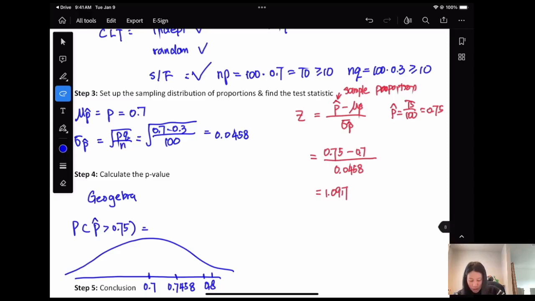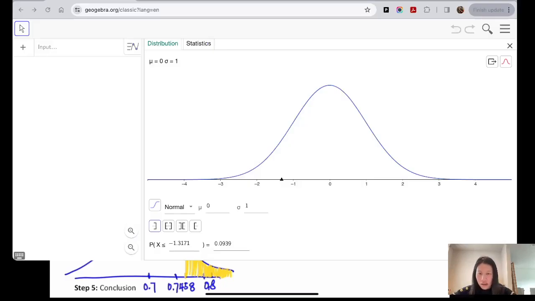So you are expecting p hat to be somewhere in here, a little bit over one standard deviation. This part is going to be your p-value on GeoGebra. Now let's take a look.